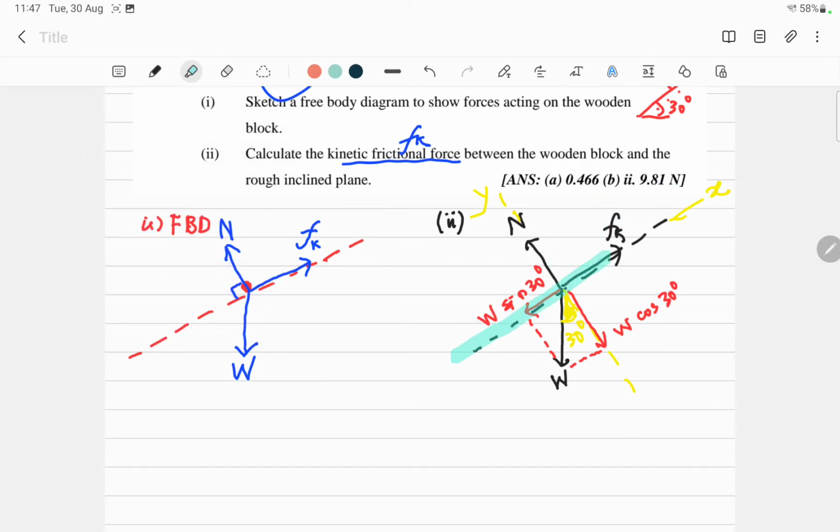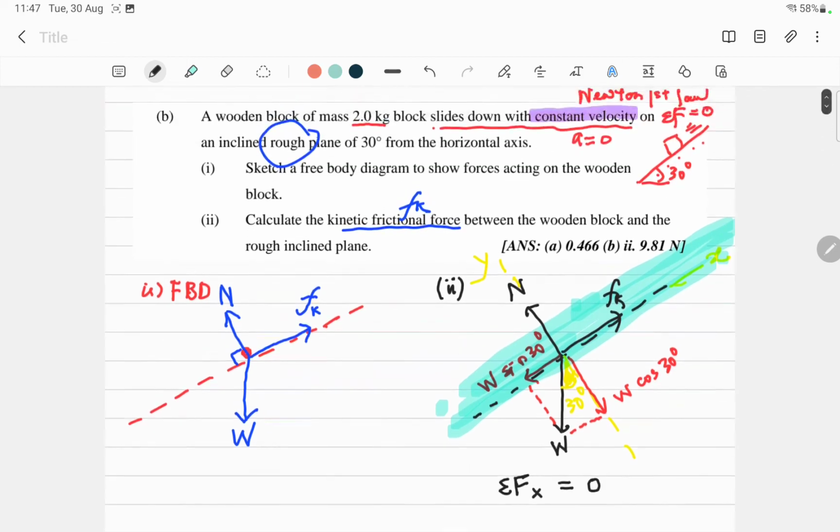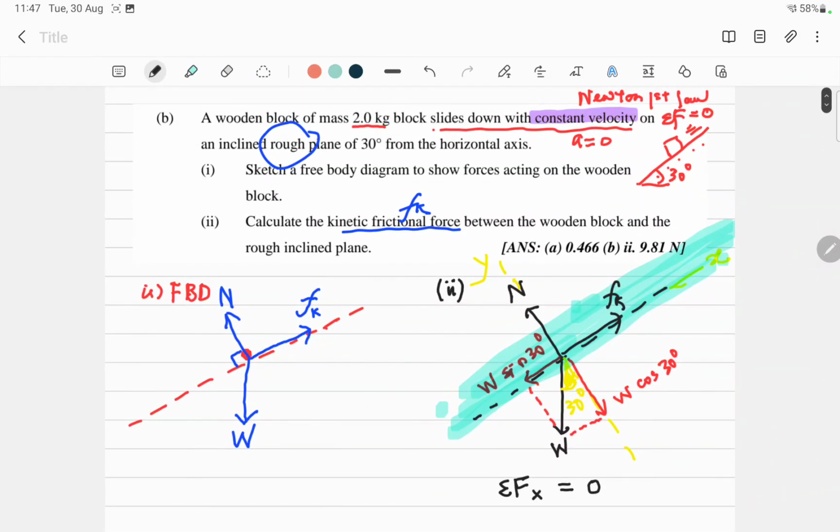Highlight all the forces in the x component. After you do this, you can see very obviously that along the x-axis you have two forces. So the summation of forces along the x-axis is equal to 0. Why is it equal to 0? Why do I apply Newton's first law?